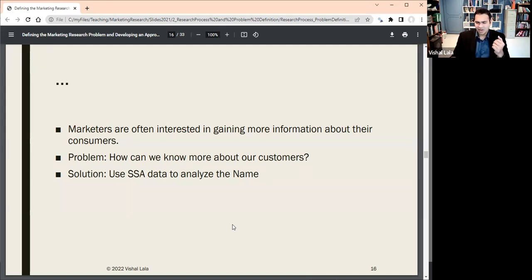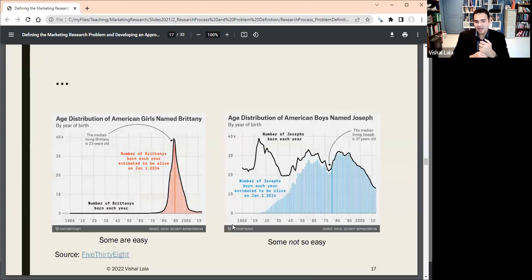So it is, of course, possible. And so somebody actually did the analysis and they said, well, here's what we can do. We can look at the frequency of certain names over the 100 or so years of history we've got in the name database. And we can identify, for instance, that Brittany was peaking as a very popular name in 1989, which means in, let's say, the year 2022, the average Brittany would be 33 years old.